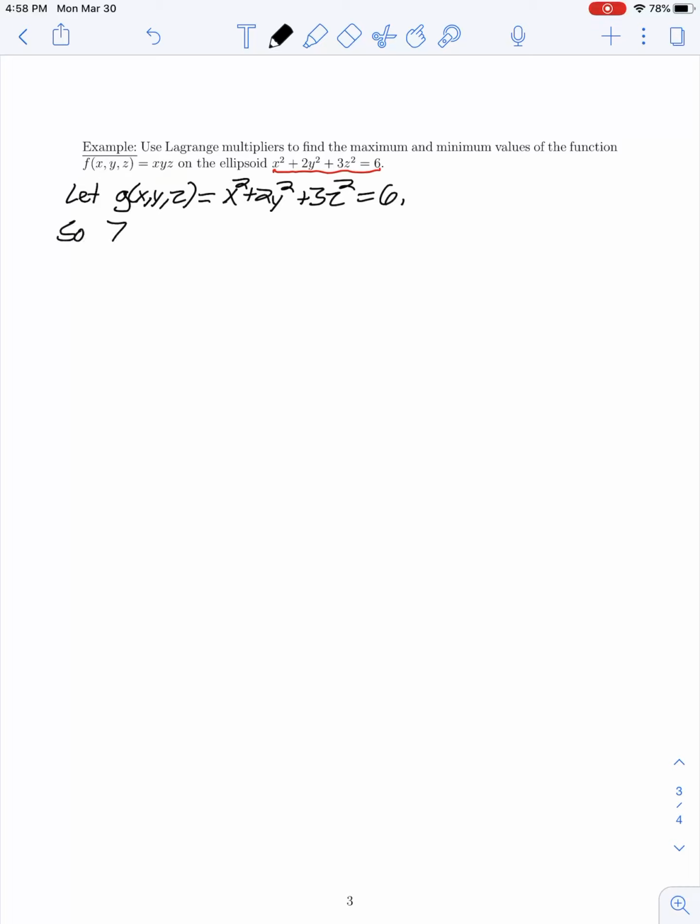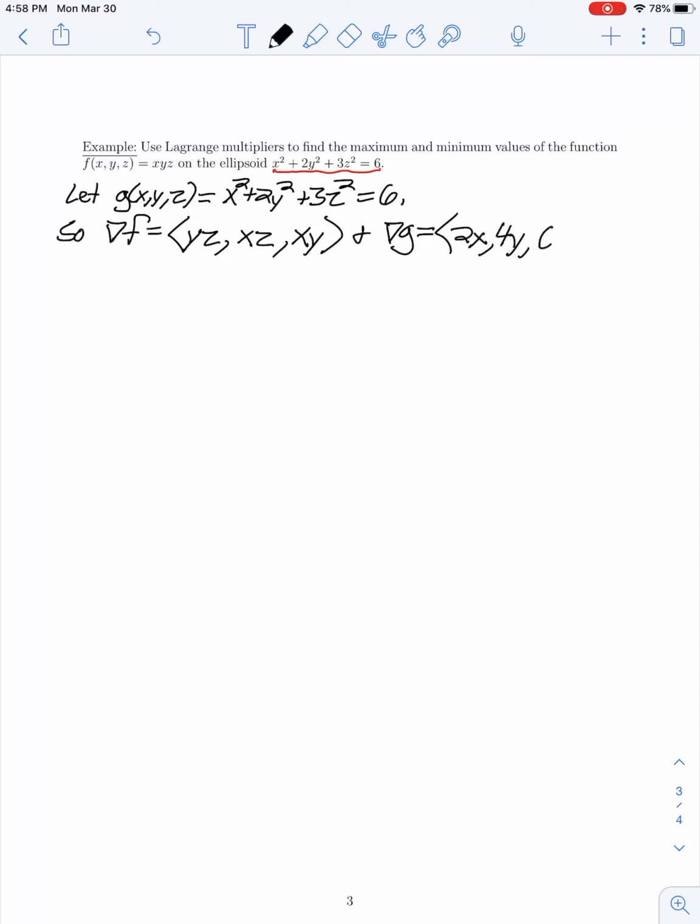Now to use the method of Lagrange multipliers, we need to find the gradient of f and the gradient of this constraint function g. So here, the gradient of f would have a first component of y times z, a second component of x times z, and a third component of x times y.